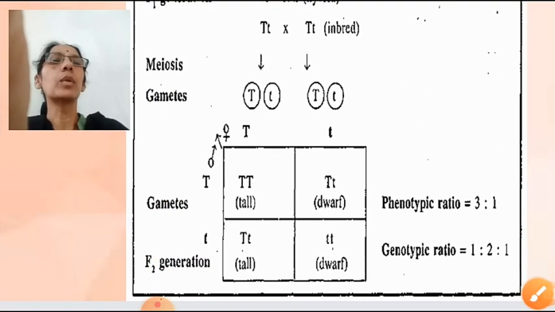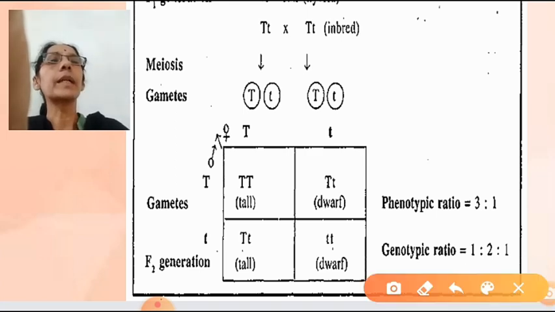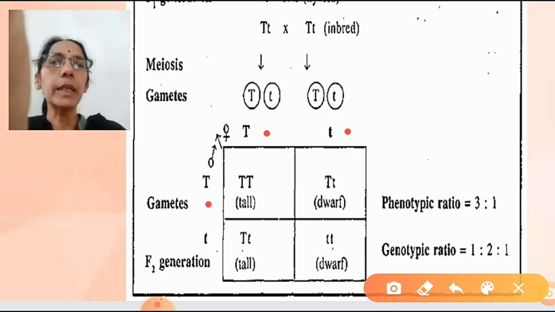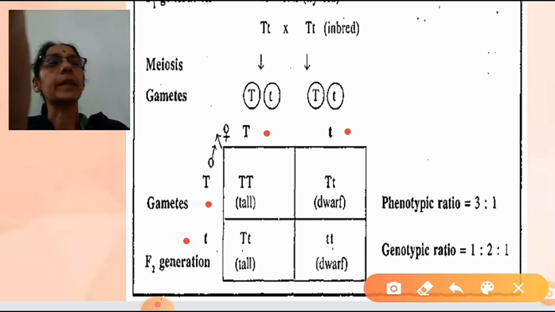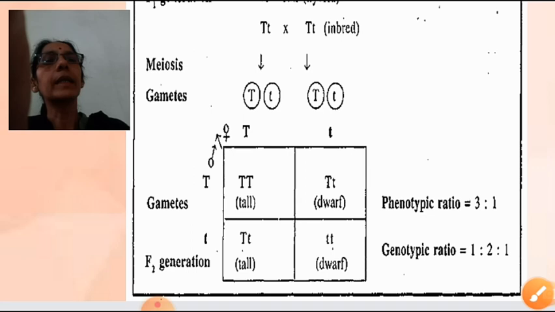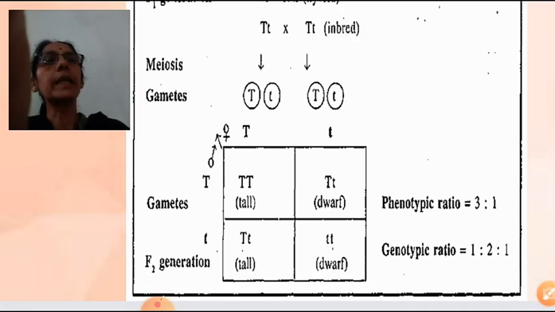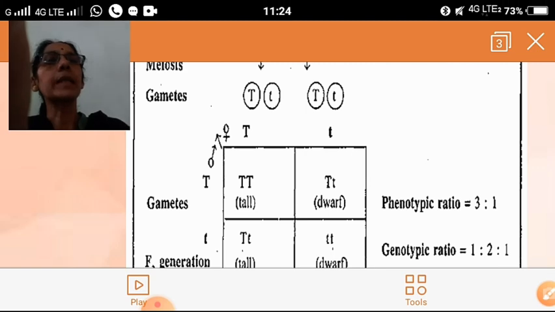Can you see now? So first, what is being taken? This is one gamete of the female parent, another gamete of the female parent. This is one gamete of the male parent, another gamete of the male parent. So first what is being done? This T is crossed with this one, capital T, capital T. Second is capital T with small t.